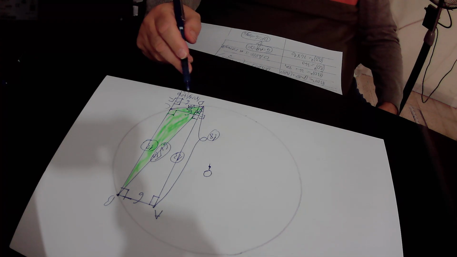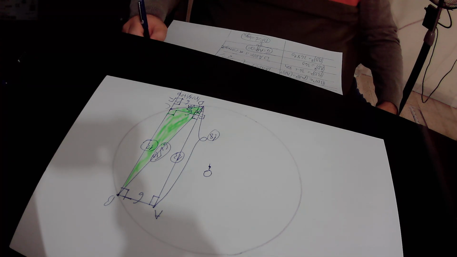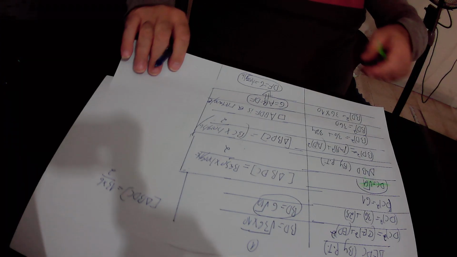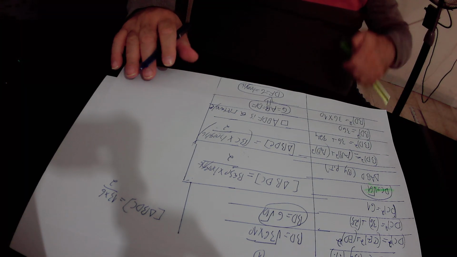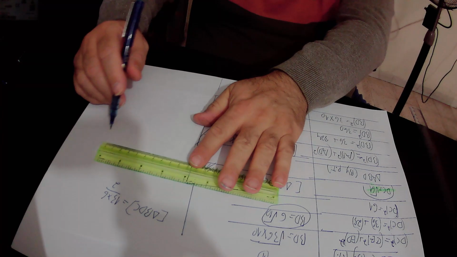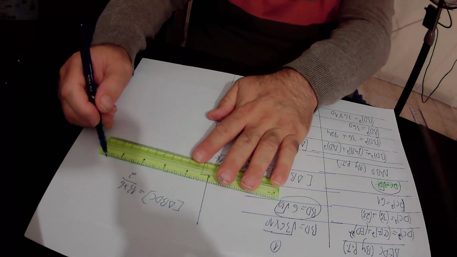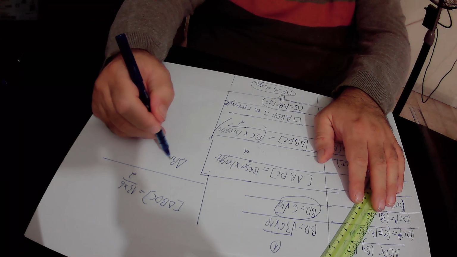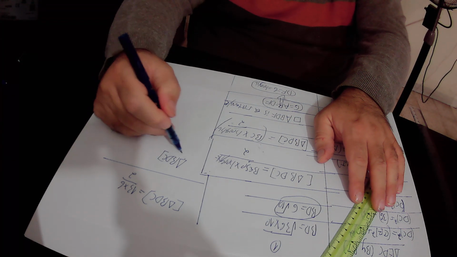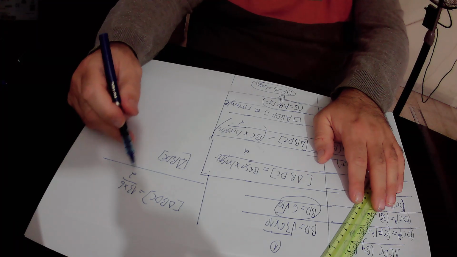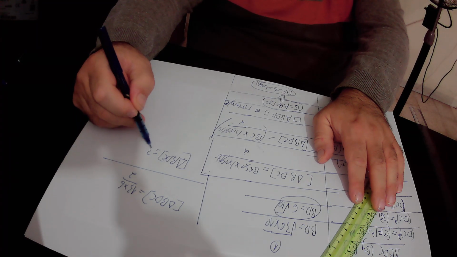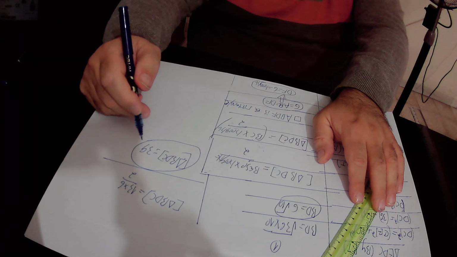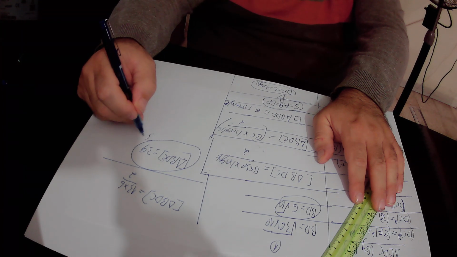We just found that the height to the base is 6, all divided by 2. So the area of the green triangle BDC equals 13 times 6 over 2. 6 over 2 is 3, and 3 times 13 is 39. Okay, so the area of the green triangle BDC equals 39 square units.